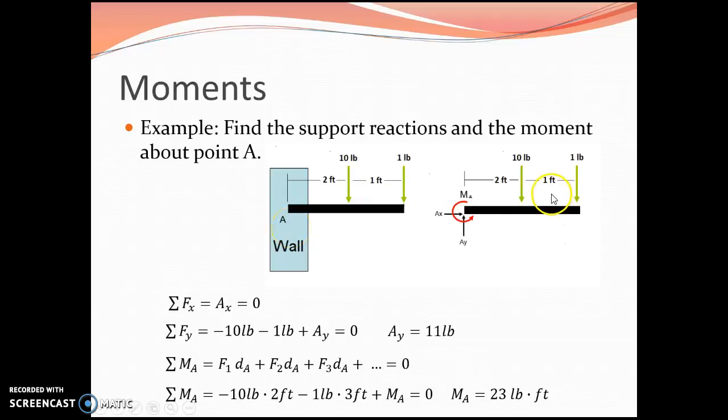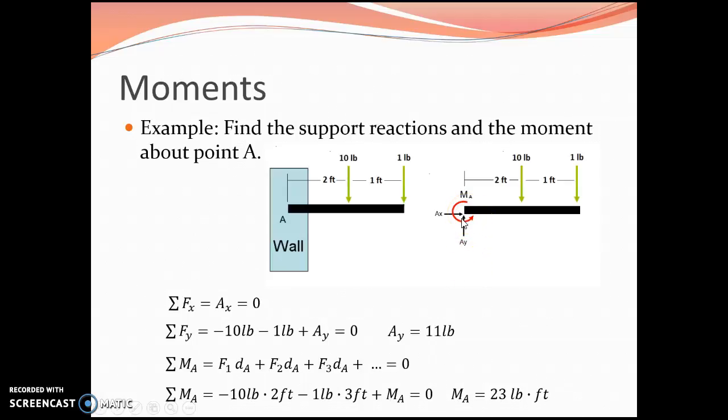So to draw a free body diagram, remember you remove all of the unnecessary things such as the wall. You want to draw this cantilever beam, the forces acting on it, how far away they are from this point A. And then this is going to be your moment. So this wall is holding the beam up.